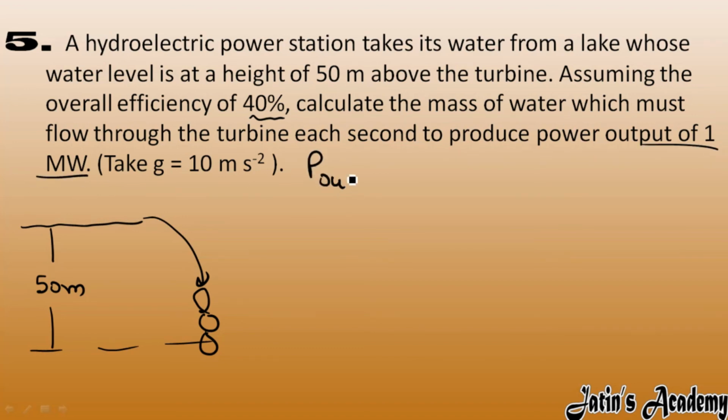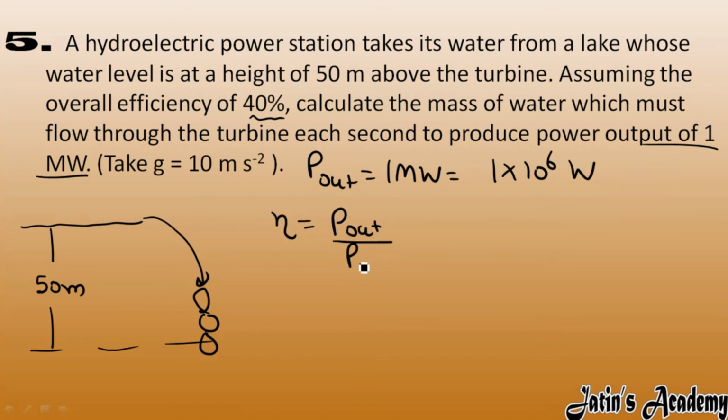Let's convert it into SI unit watt. This becomes 10 raised to power 6 watt. Now we use the formula of efficiency as power output by power input. Here power output is 10 raised to power 6, power input we have to calculate, and efficiency is given as 40%.